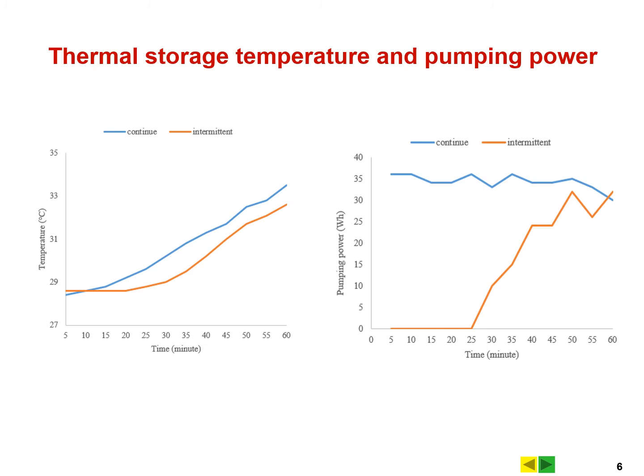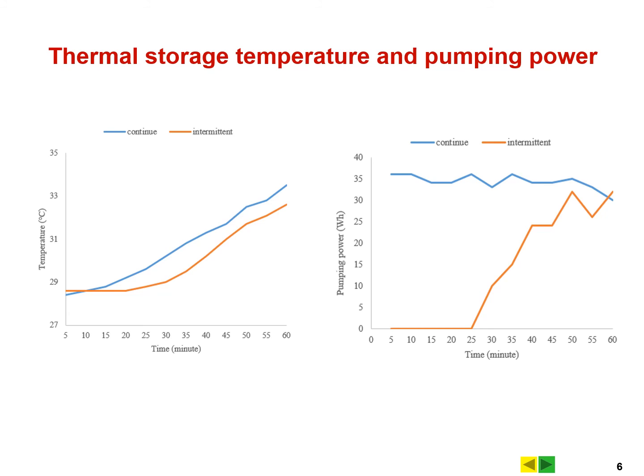It starts at about 1,800 seconds, or 30 minutes. Now we can see the continuous flow has better performance for the thermal storage tank temperature compared to that of the intermittent flow.